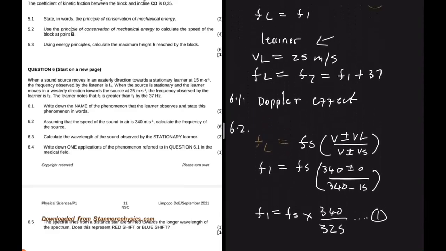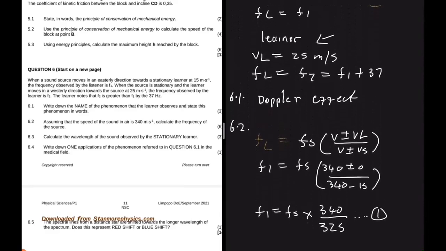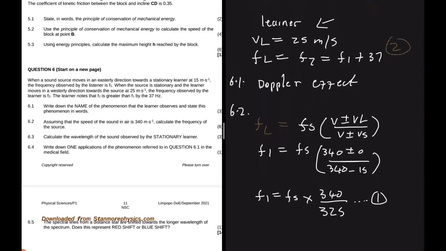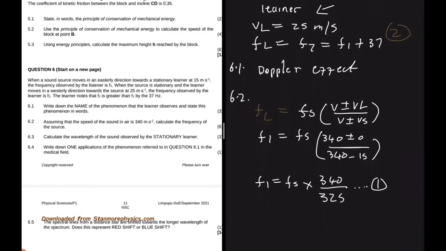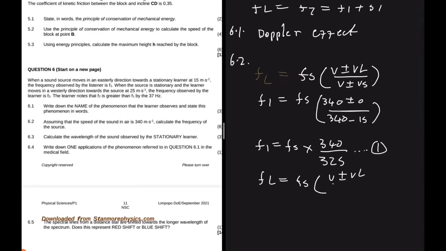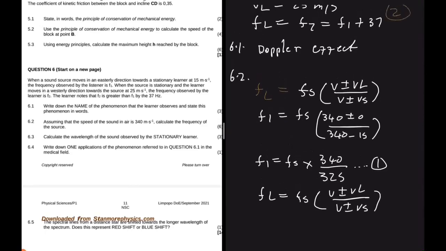And now let's come to our second scenario, when the learner is moving towards the sound source. So again, we are going to have FL equals Fs multiplied by v plus or minus VL divided by v plus or minus Vs. And what is FL?